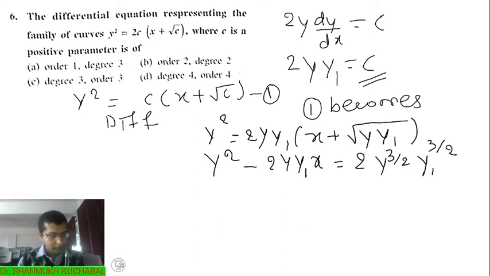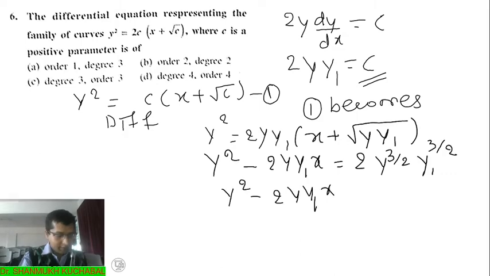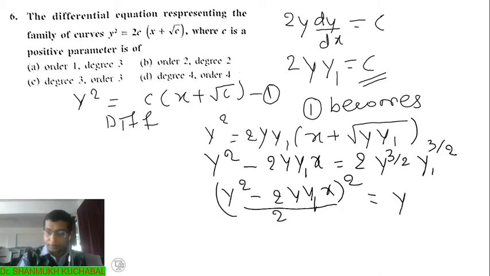So further we can write the solution as y square minus 2y y dash x, and the 3 by 2 power, the 2 will transpose, it is raised to 2, and the whole divided by 2 equal to y1 cube.